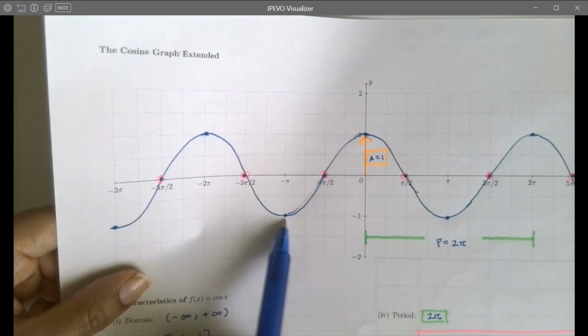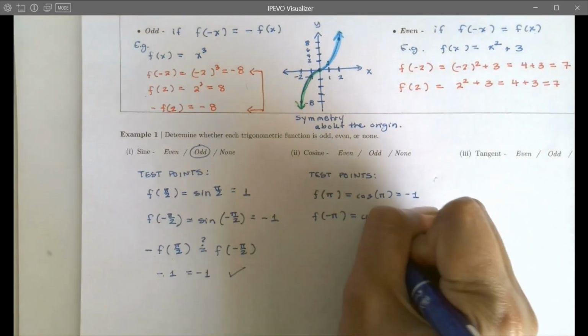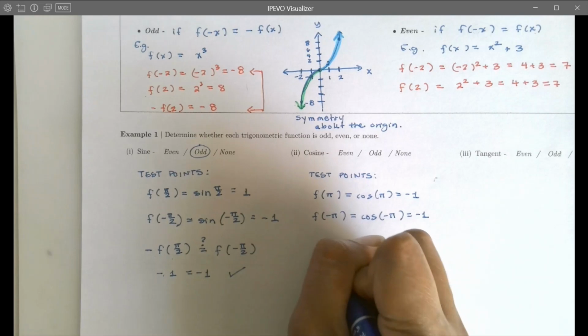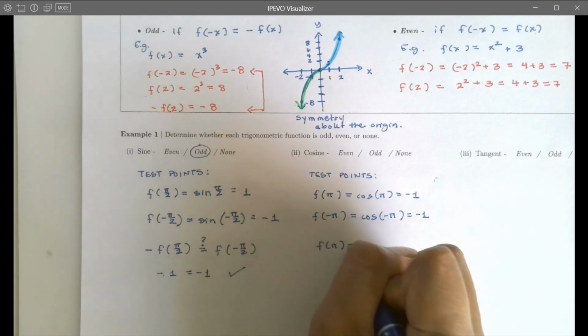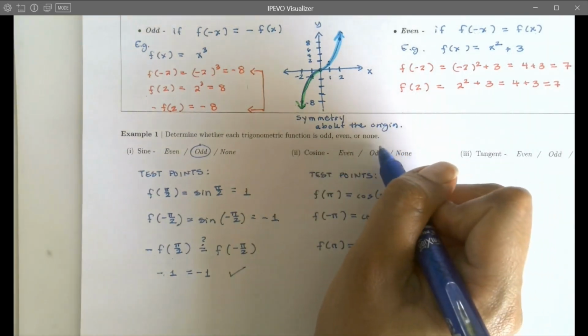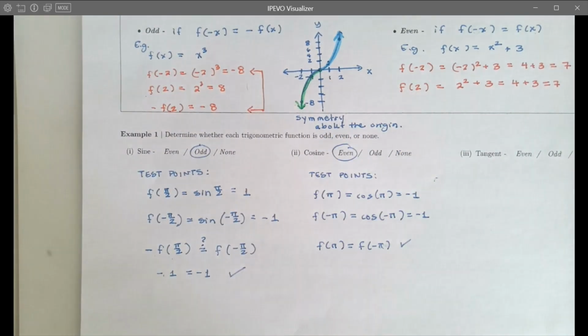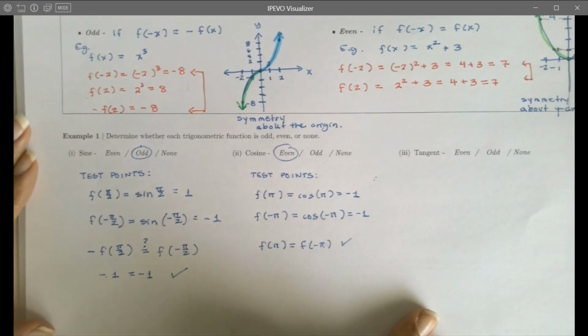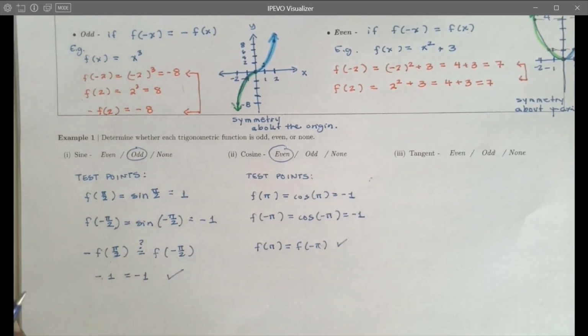It also gives us negative 1. So in this case, f of pi indeed equals f of negative pi. So again, it doesn't prove it, but it confirms to us that cosine is an even function. And we're going to consider one last graph, which is tangent.